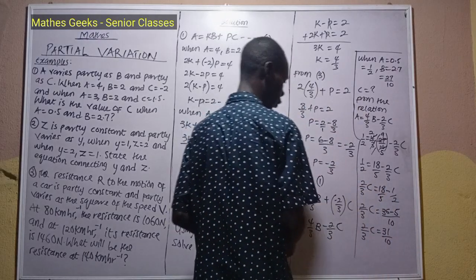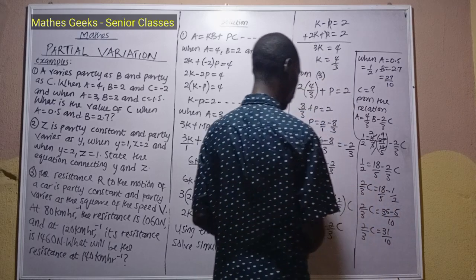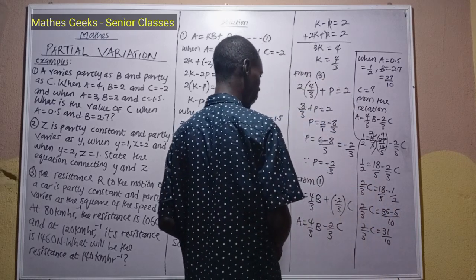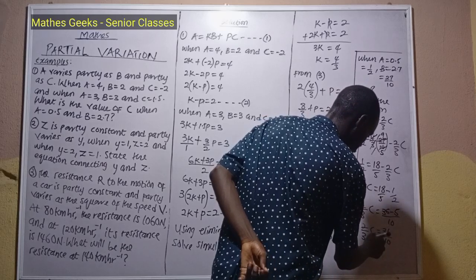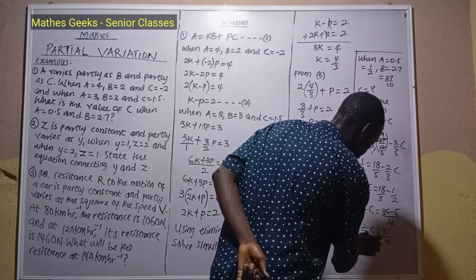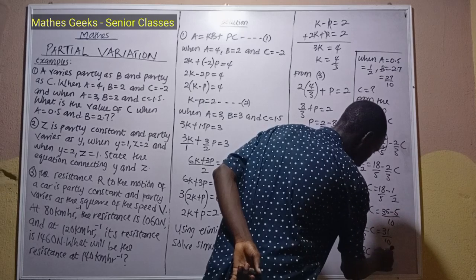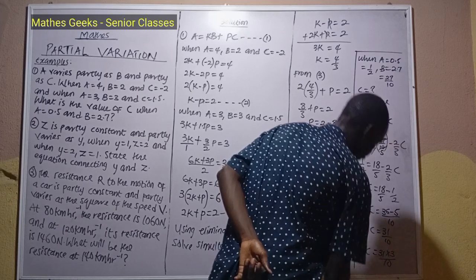Now I'm going to cross multiply. This will give me 2C is equal to 31 times 3 over 10.